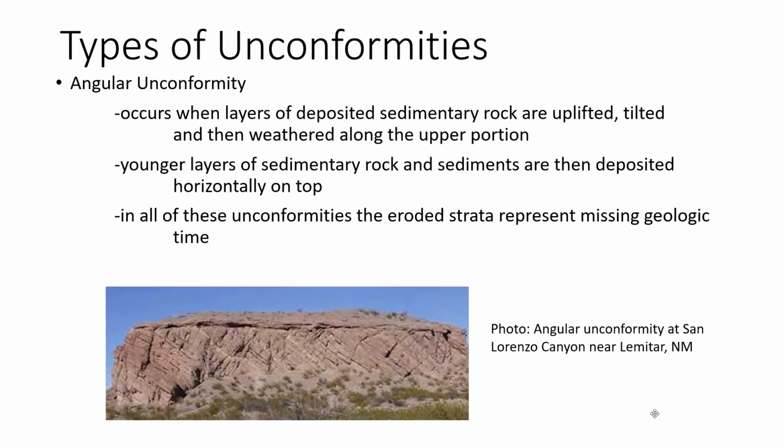At the top of this particular picture, there are sedimentary layers on top of the eroded, uplifted portion. This is San Lorenzo Canyon, which is pretty close to Socorro. It's over by Lemitar, New Mexico, something like 15 miles away from Socorro.